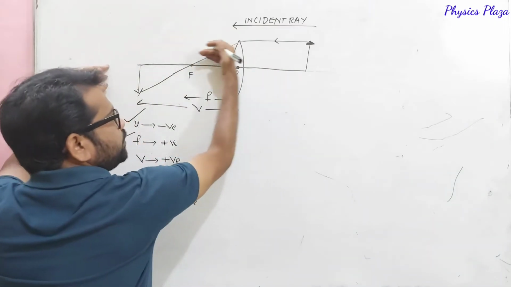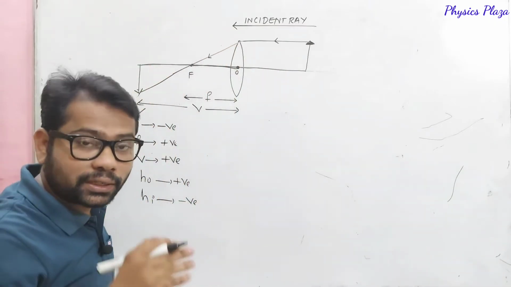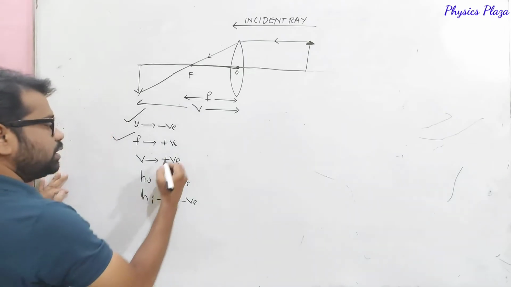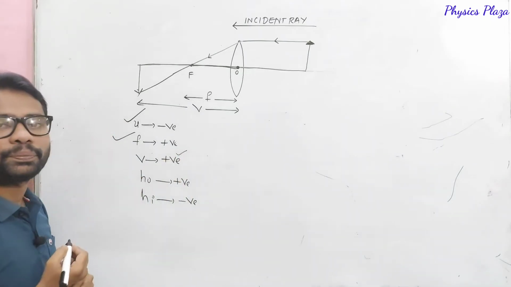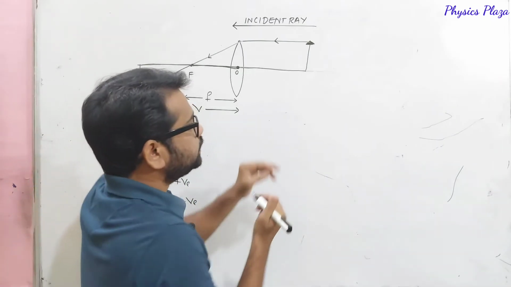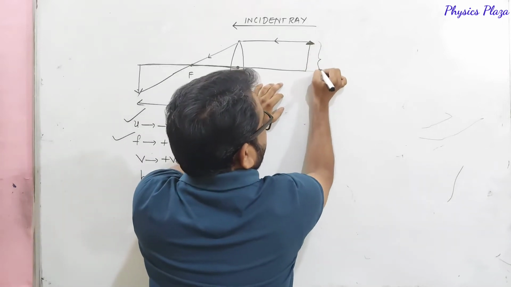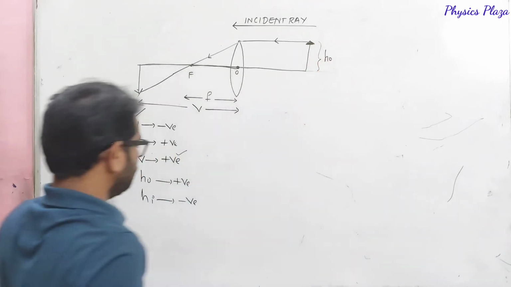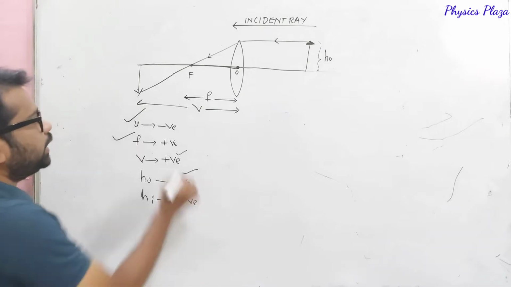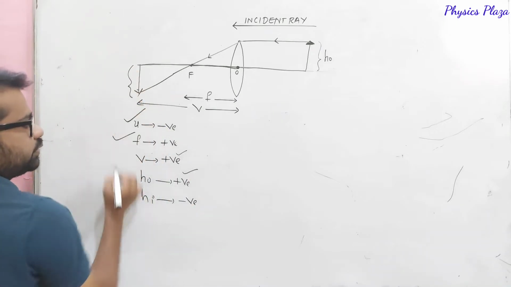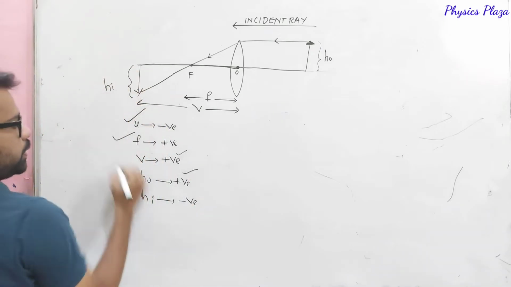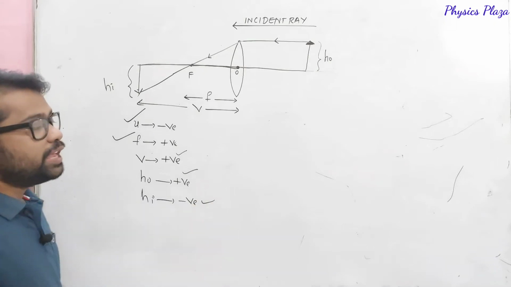So the image distance is positive. And as we discussed, the measurements taken above the principal axis are positive, and the measurements taken below the principal axis are negative.